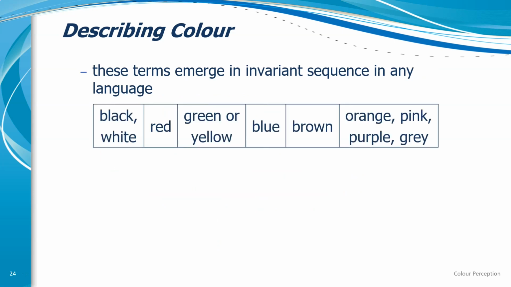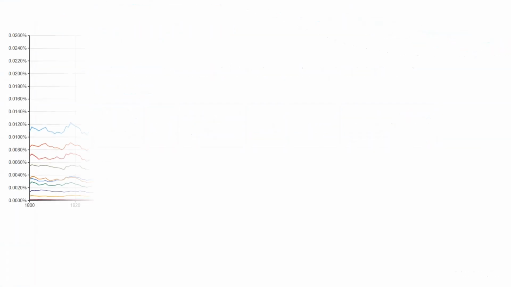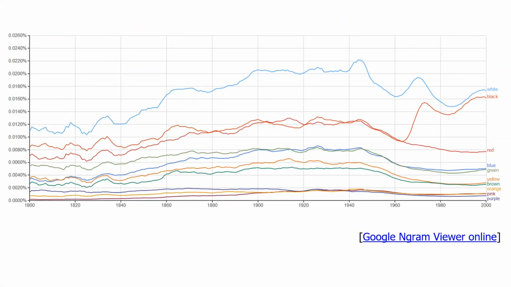Starting off with basically black and white, red typically gets named, then green or yellow, blue, followed by brown, and then orange, pink, purple, and gray. So I did a little bit of research on my own, going into Google, actually, yes, Google, and they have a tool called the Ngram Viewer, which counts up the number of mentions of a particular word in time, starting back in 1800.